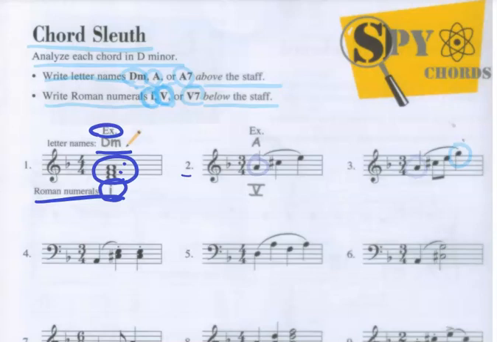So this is A, C sharp, E. This is A chord, right? And this is 5 chord in D minor, also called dominant. Okay, this one chord is called what? Tonic. Tonic and dominant.